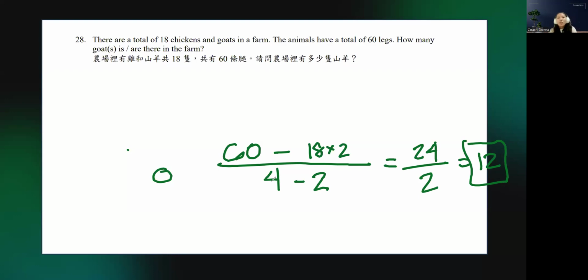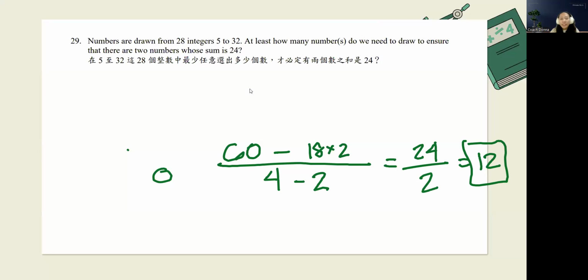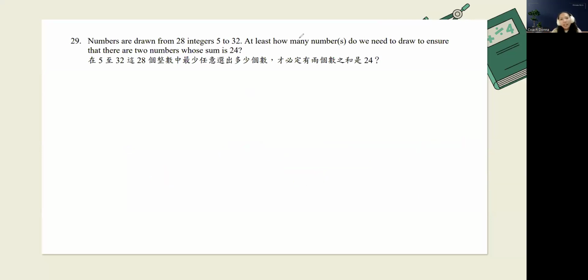Let us proceed to number 29. For number 29, we have numbers drawn from 28 integers, 5 to 32. At least how many numbers do we need to draw to ensure that there are two numbers whose sum is 24? All right.